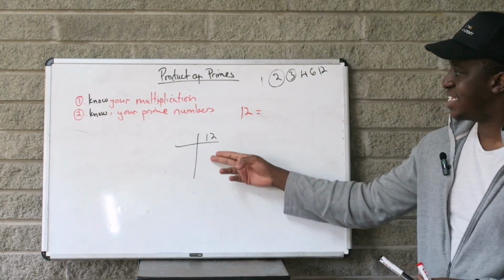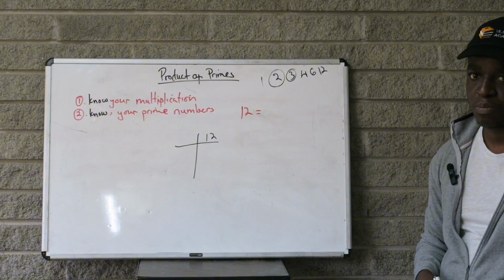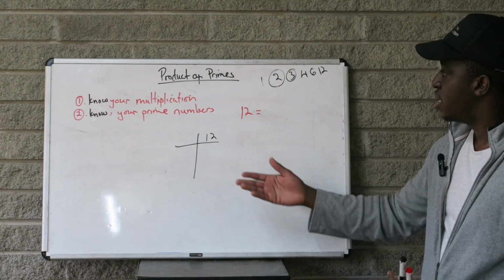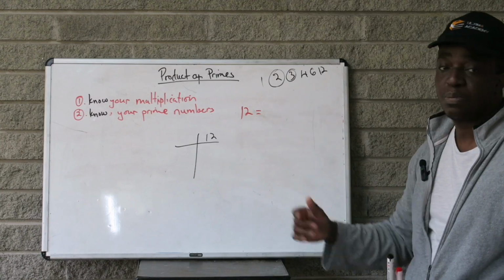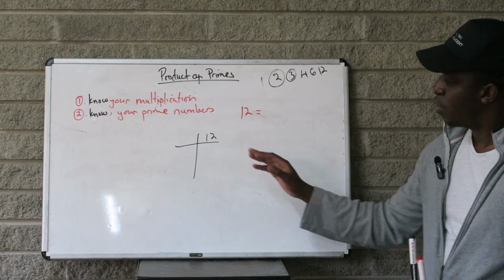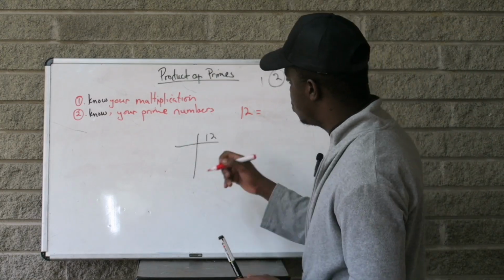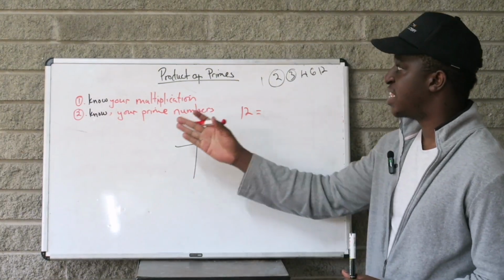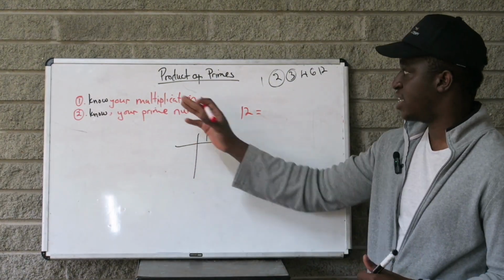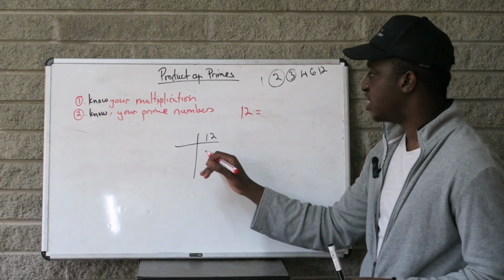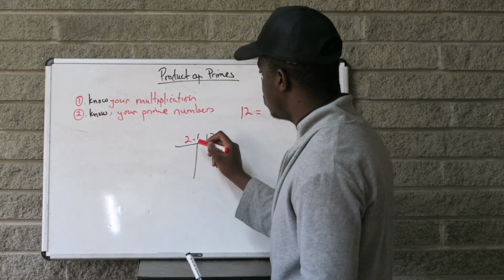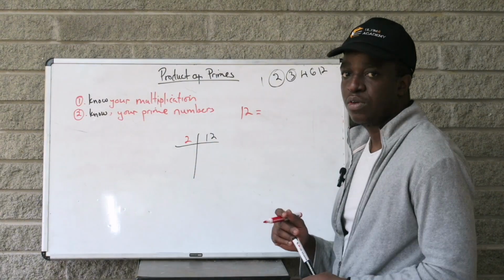I'm going to list down the sequence in which the factors of 12 multiply each other. So the first step is to find the smallest prime number that divides. That's where the knowledge of prime numbers and multiplication comes in handy. I already know the smallest prime number is 2. So I'm going to say 2 into 12.